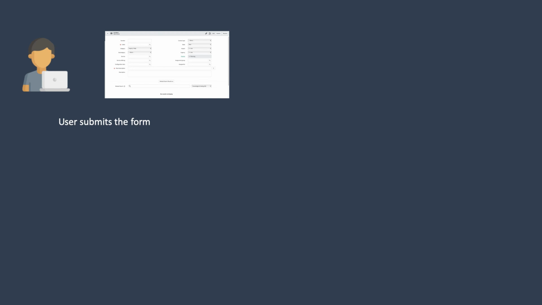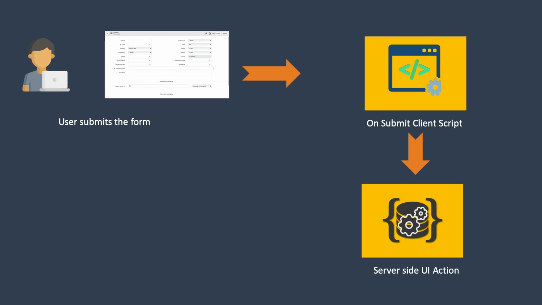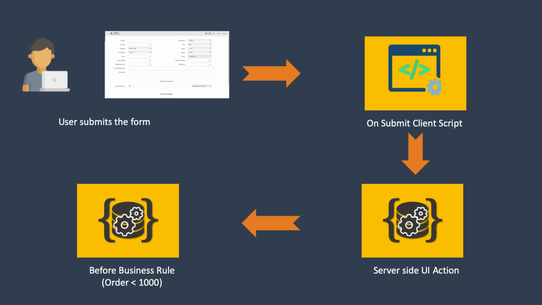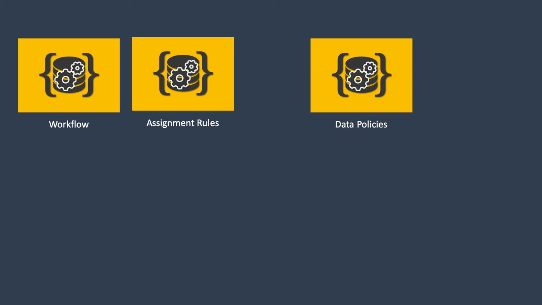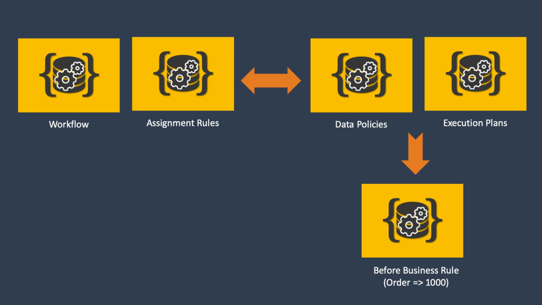The user submits the form, and then it runs the onSubmit client script, and then it runs the server-side UI action, and then it runs the before business rule with order less than 1,000, and then it runs workflows, assignment rules, data policies, execution plans, and then it runs the before business rule with order greater than or equal to 1,000.